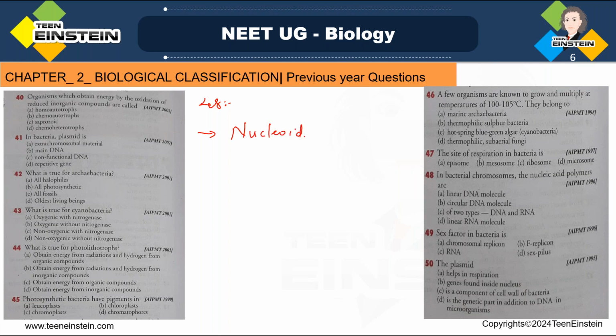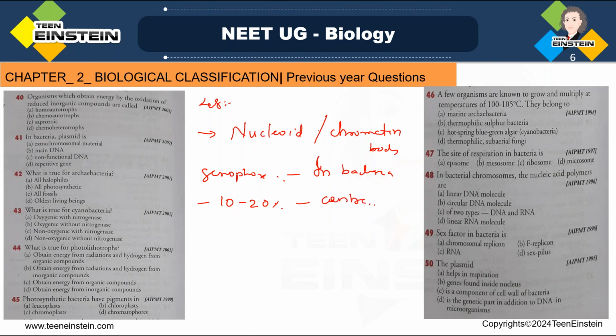This nucleoid, or the chromatin body, is otherwise called the genophore. Genophore. Where is it present in bacteria, right? This genophore occupies around 10 to 20% of the cell and is present near the center of the cell.